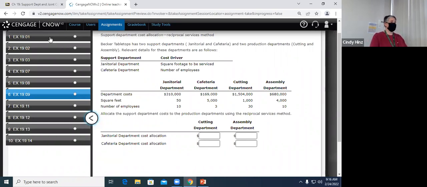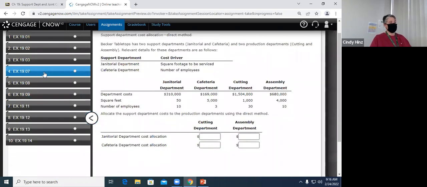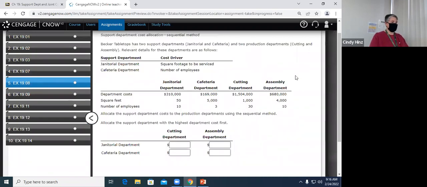So we looked at the direct method, the step down or sequential method, and the reciprocal services method. And then I asked you to try exercise 4 to practice the direct method, try exercise 5 to practice the step down or sequential method. Does anyone have any questions about either of those exercises?